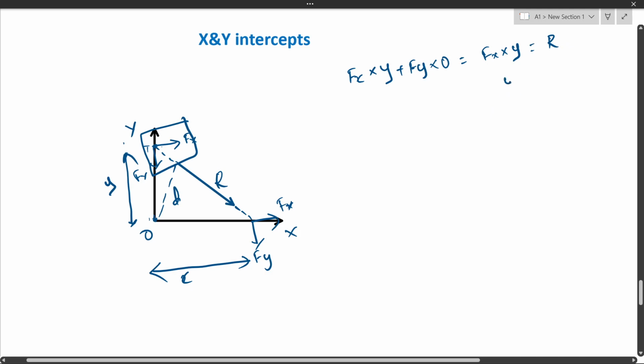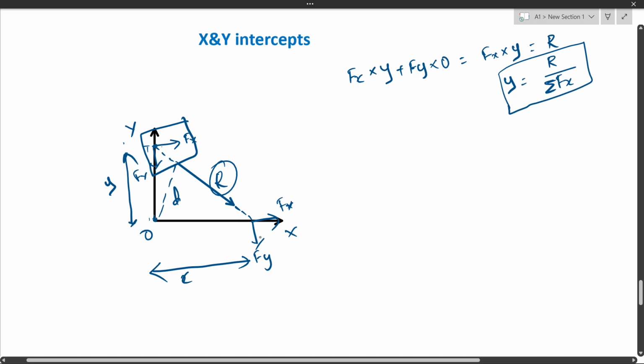Then if you want to find the y distance, that is the total resultant moment divided by Fx. Here Fx is the summation of all the forces acting in the x direction when you calculate the resultant. So this would be the formula to calculate the y intercept.